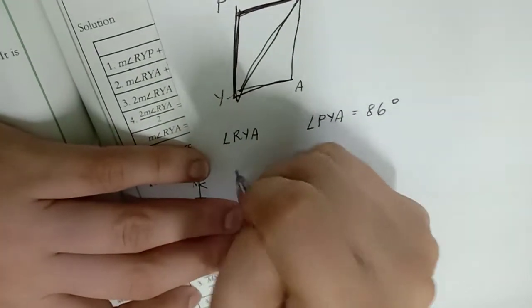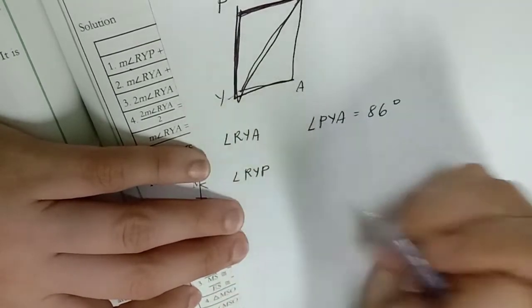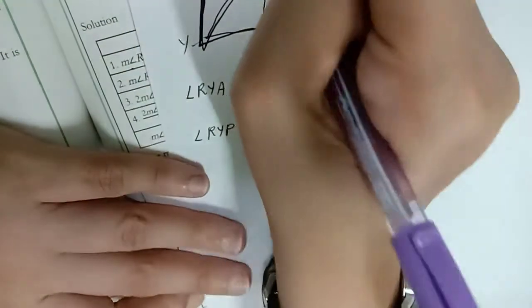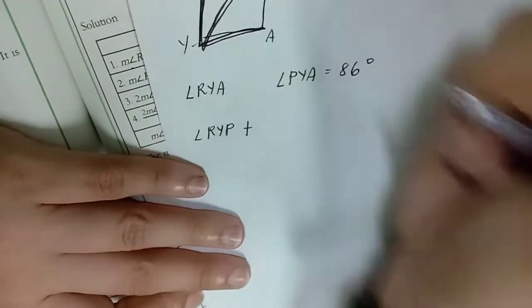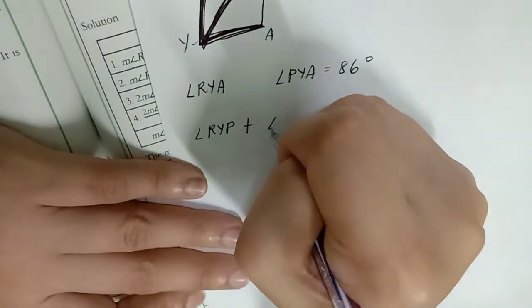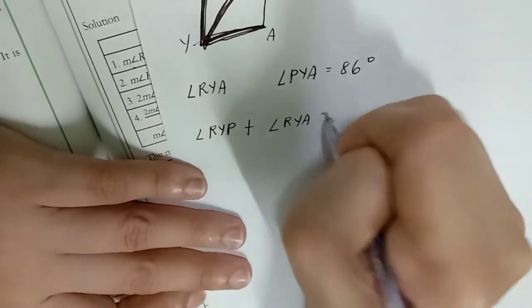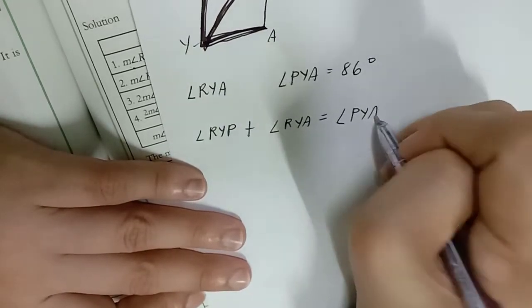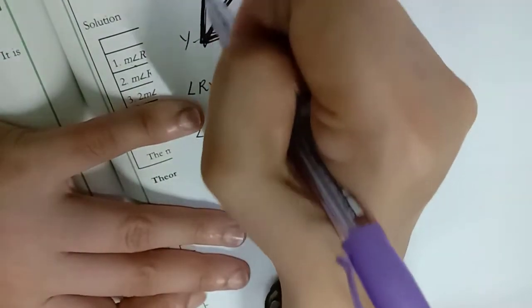So, yung measure daw po ni RYP, okay, plus, yung measure ni RYA, ayan po yun, RYP, tapos RYA, ayan, RYA, is equivalent sa measure ni PYA, which is true.